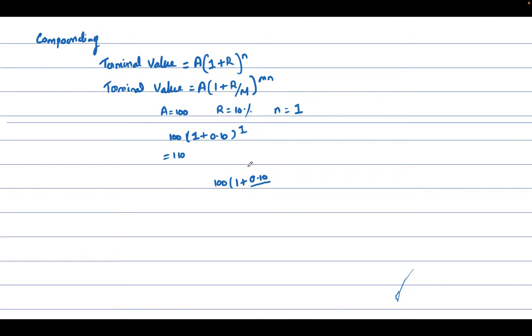M is 2 times. If it is compounded 2 times in a year, we assume that m is 2, then 0.10 divided by 2 to the power m into n. So m stands for the number of times it is compounded.